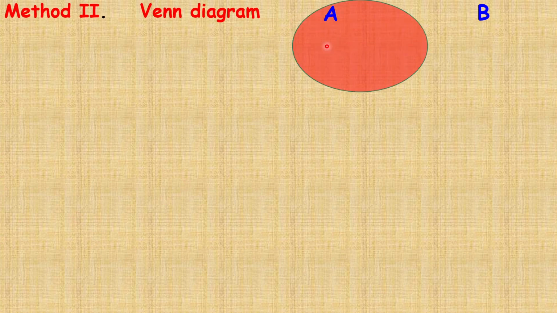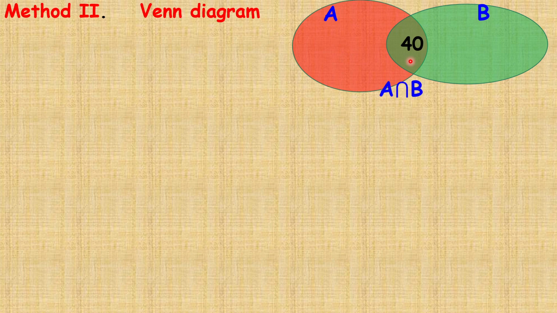By the second method, using a Venn diagram: here set A is given. Set A is the number of students who passed in English, and set B is the number of students who passed in mathematics. The number of students who passed in both subjects, that is A intersection B, is 40.